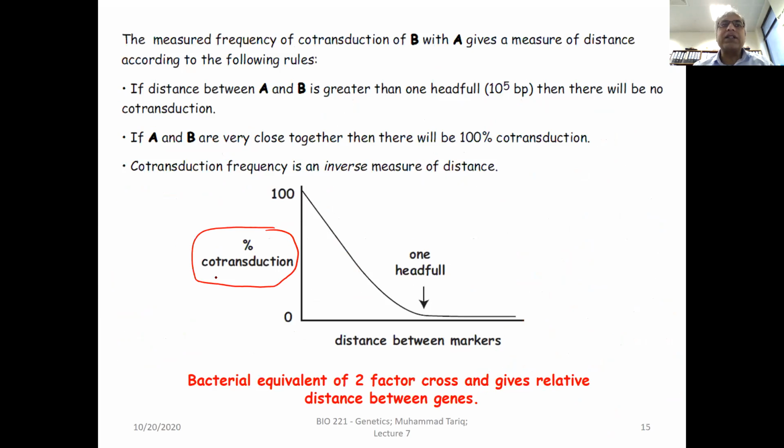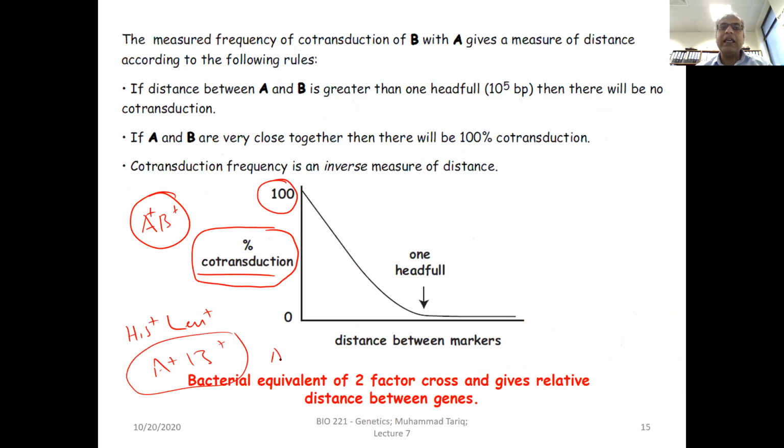So when co-transduction is 100%, which means A plus B plus are always going together, and we are always seeing His plus, leucine plus, or A plus B plus phenotypes in our A minus B minus mutants, we'll say they are close to each other. The distance between A and B is less than one phage headful. One headful is 10 to the power 5 base pairs, which was the size of P1 phage genome.